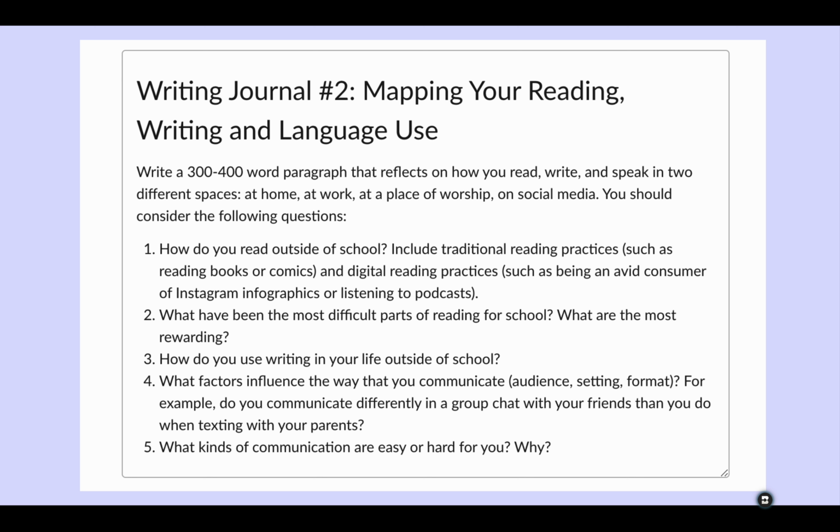For your writing journal number 2, you're going to answer in a 300 to 400 word paragraph the questions 1 through 5 that help me as an instructor, but also you as somebody who is reflecting, thinking about your reading, writing, and language use over time, and specifically now in your life as you enter into an academic setting. All right, that's the assignments for the week.